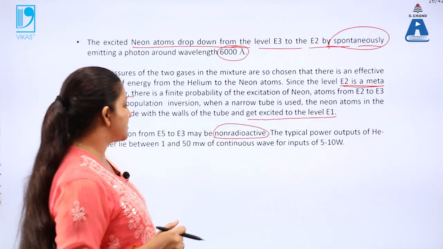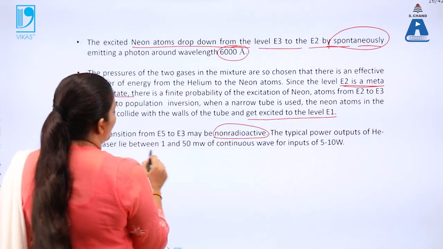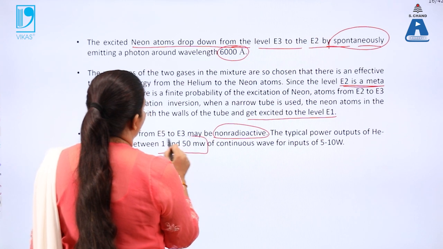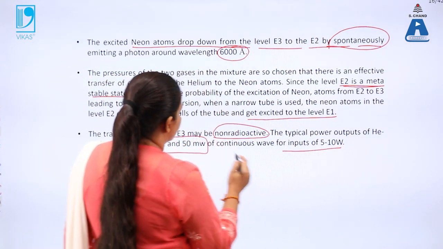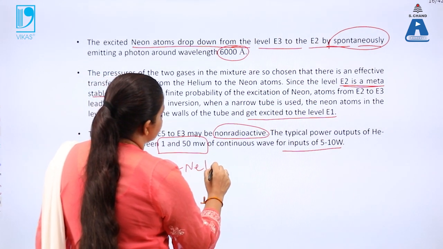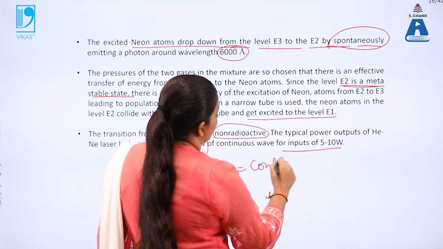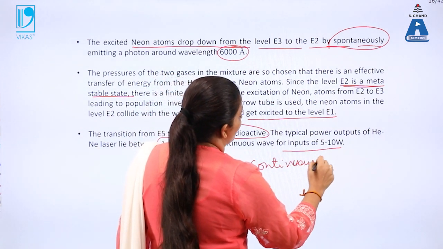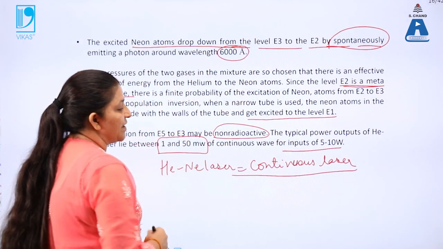For the helium neon laser, the output is 1 to 50 megawatt, and continuous output is obtained. That's why the helium neon laser is also called a continuous laser, because a continuous power supply is obtained.